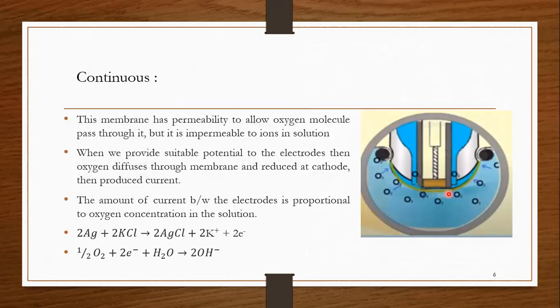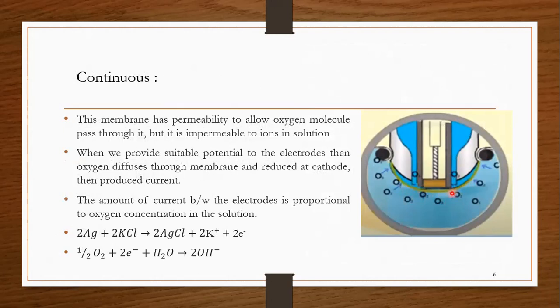This membrane is permeable, allowing oxygen molecules to pass through it, but it is impermeable to ions in the solution. So this membrane is resistant to ions, but allows only oxygen to pass through it.